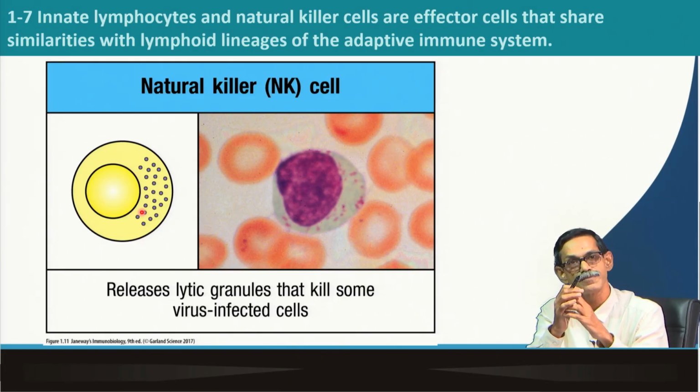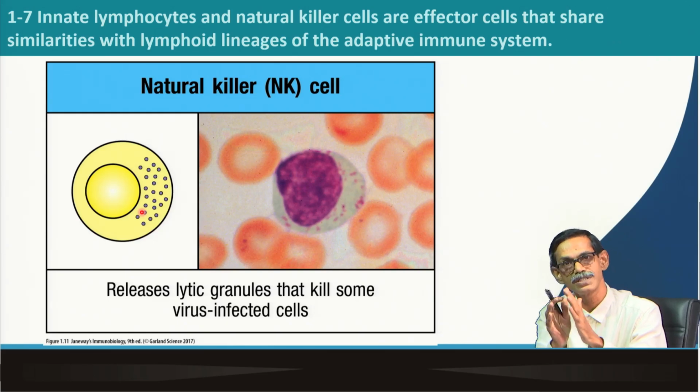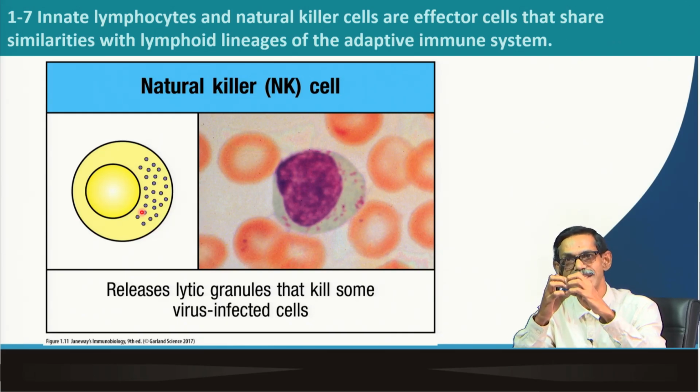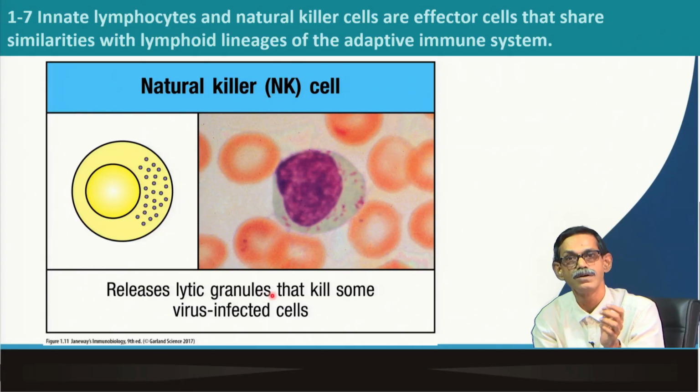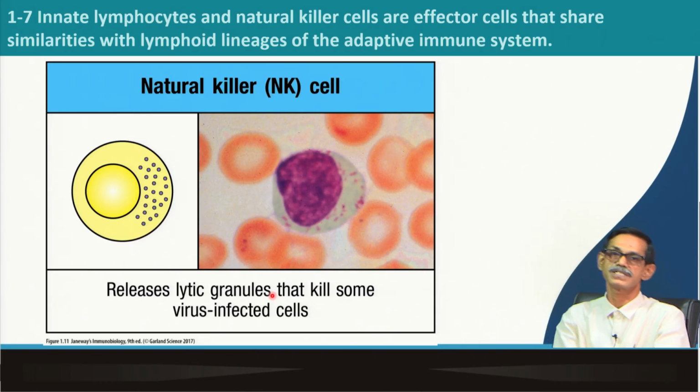After releasing this toxic or poisonous material, the neighboring cell with which they attached will die. So, they release lytic granules that kill what kind of cells? Virus-infected cells, as well as, which is not written here, tumor cells.